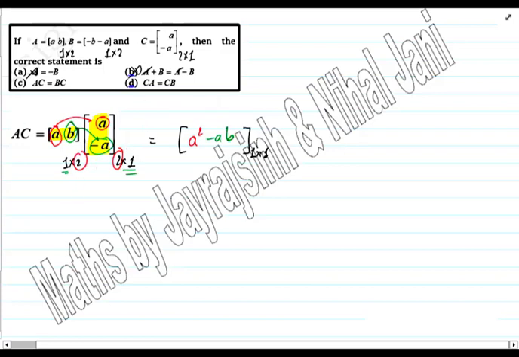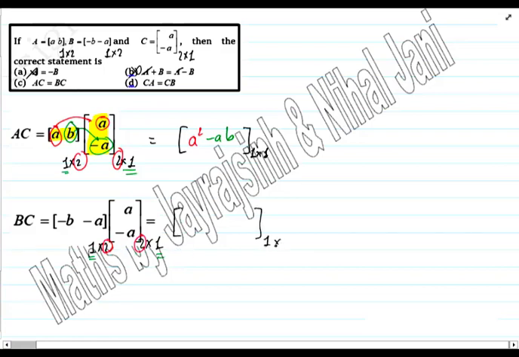Now let's find out BC to check whether it is correct or not. So here we have BC. B is of order 1 cross 2 and C is of order 2 cross 1, and it also satisfies the condition of matrix multiplication. It is obvious that our resultant matrix will be of order 1 cross 1.